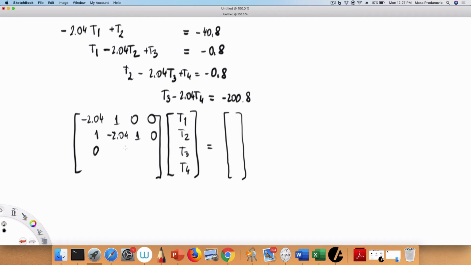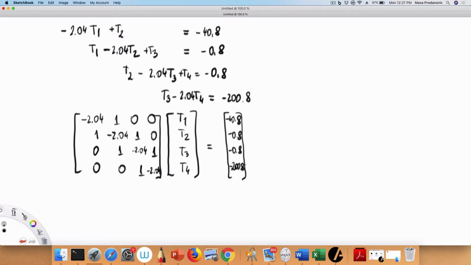Then I have a 0, 1, minus 2.04, 1, and 0, 0, 1, minus 2.04. And I always manage to squish that last thing. And what is my vector on the other side? What's on the right-hand side? Everybody sees that?